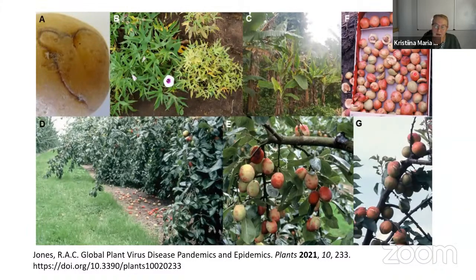And this plum pox virus is causing a disease called Sharka, and Sharka disease is, for example, causing the non-mature fruits to drop down from the trees, and they are also malformed, and this disease is really devastating, for example, in the southern parts of Europe.